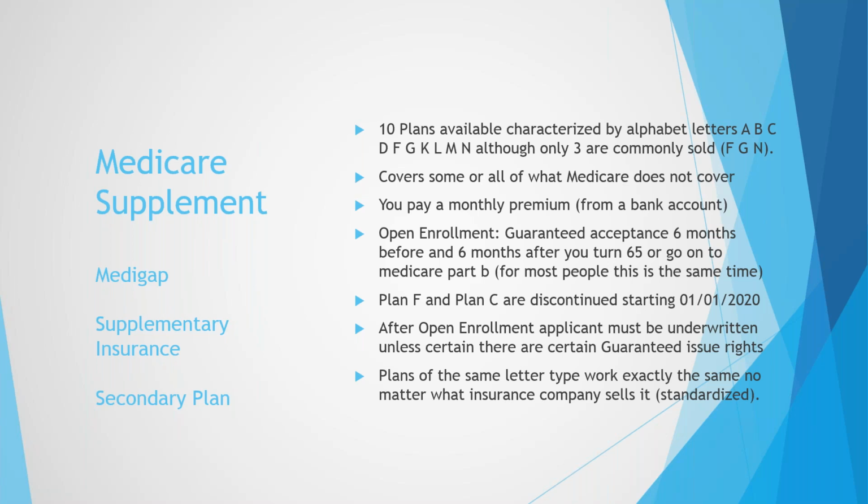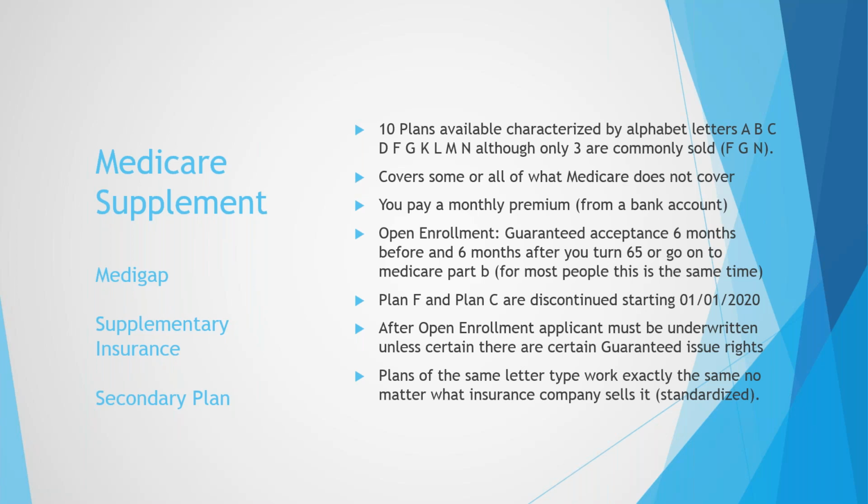And then plans of the same letter type work exactly the same no matter what insurance company sells it. This is why we sell Medicare supplements, because you do not have to compete in benefits with another agent, agency, or insurance company. They're exactly the same.